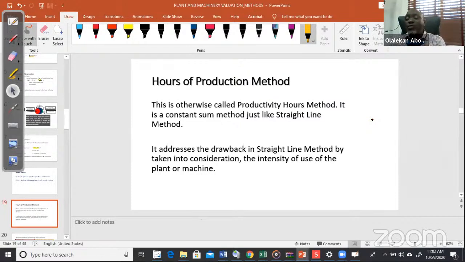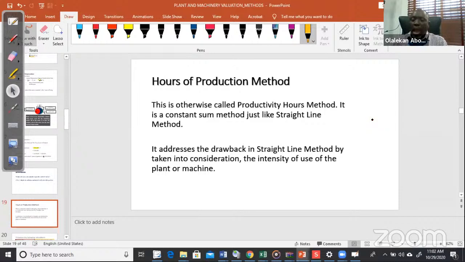That one, the intensity of use, the running hour will be what? Higher. So the hours of production method, as a model of the straight line method or constant sum method, captures intensity of use. And that's part of why it was promulgated, it was promoted. It came up because of the need to address that drawback in the straight line method.